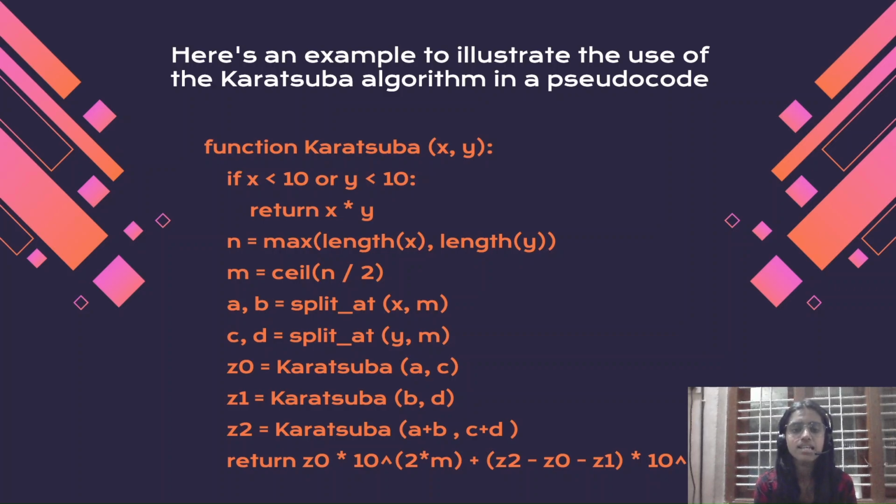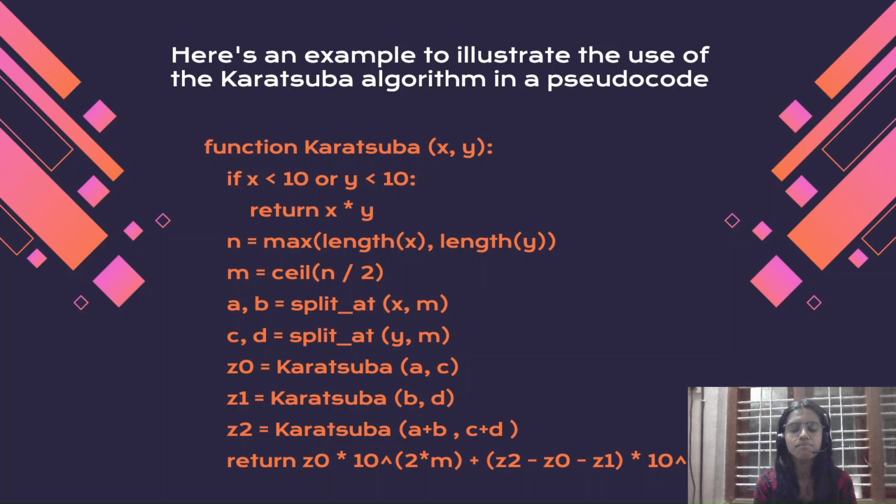The next step is n is equal to the maximum of length of x, comma, length of y. So n will be nothing but the maximum of the digits of the two numbers. m is equal to CEIL of n by 2. Here we are going to split the problem into two different parts. That is why we have used n by 2.